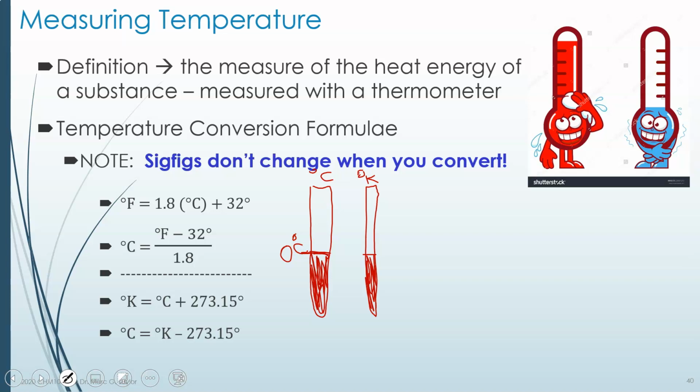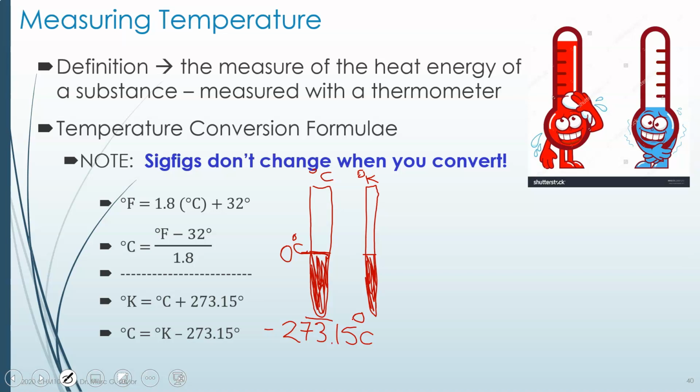As it turns out, the coldest temperature possible is way down here. It's minus 273.15 degrees centigrade.